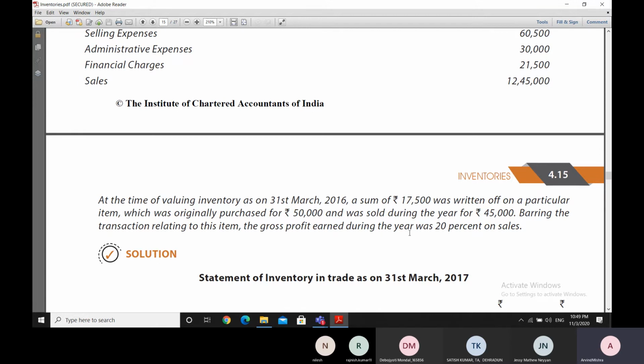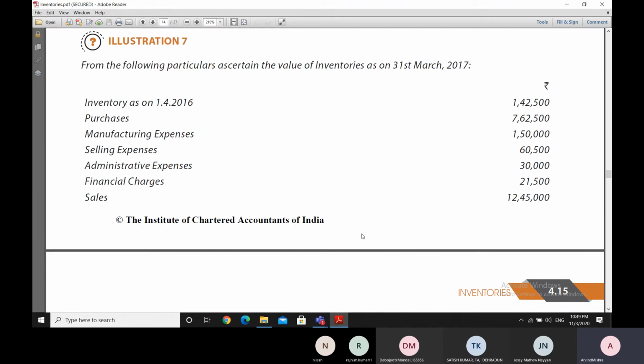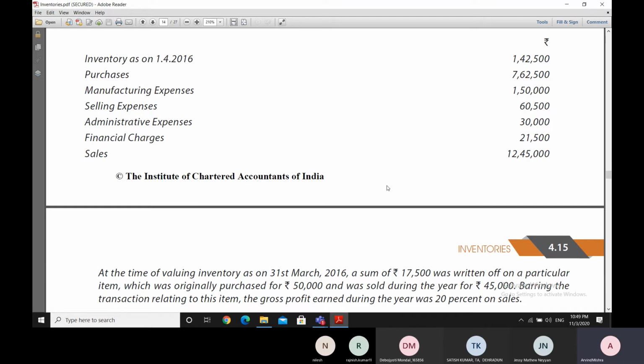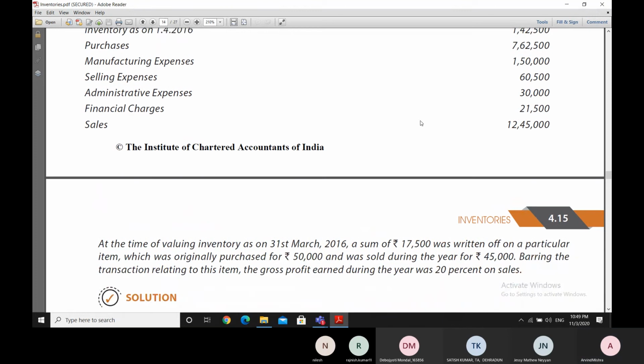Now, barring the transaction relating to this item, the gross profit earned during the year was 20% on sales. So we have to ascertain the value of the inventory as on 31st March 2017.